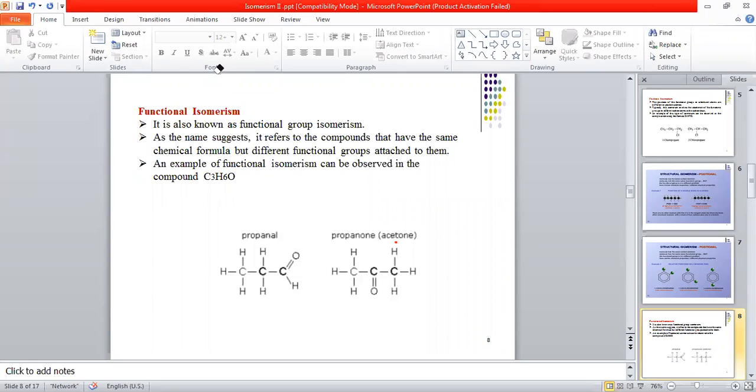As you know very well, the molecules are classified according to their functional group, or we can say the groups of atoms or bonds with a unique chemical and physical quality.